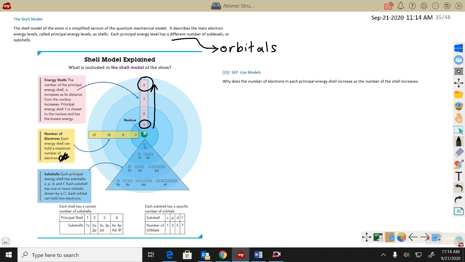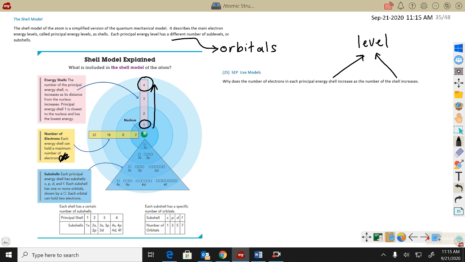Well, if I look at this question 25, science and engineering practice, using models. Here it says, why does the number of electrons in each principal energy shell or energy level increase as the number of the shell increases? And whenever they say shell, I'm really thinking of it as an energy level.